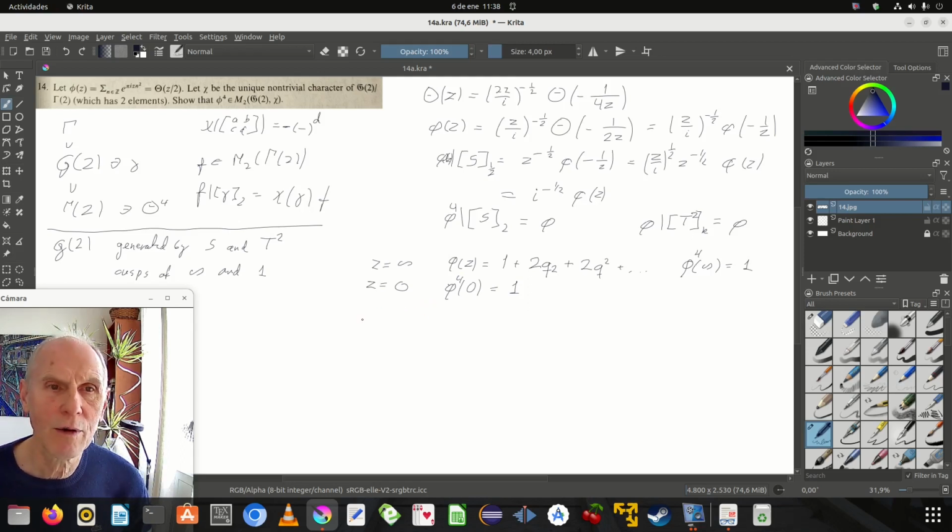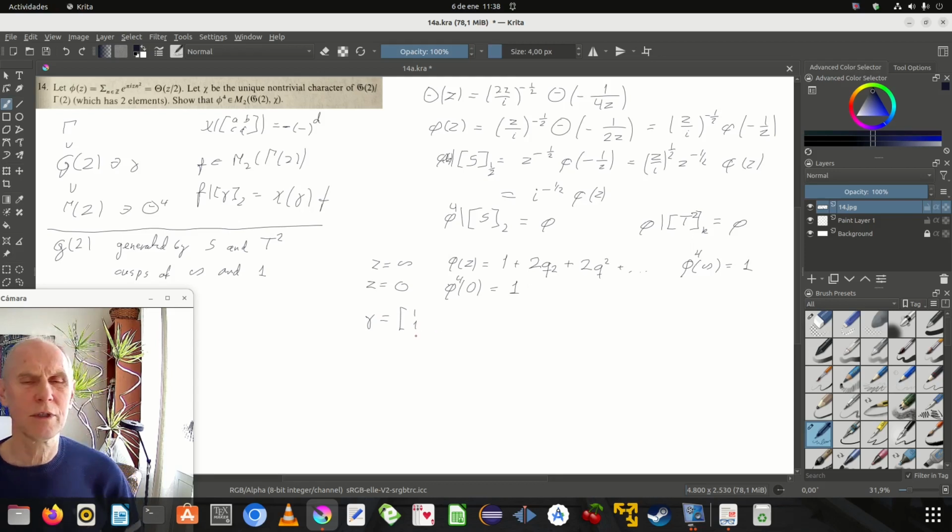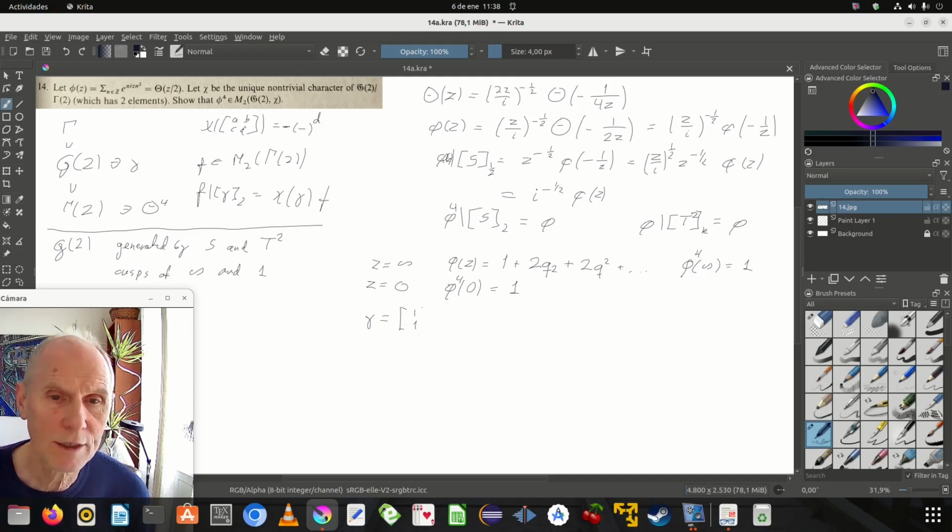And then at unity, we need a matrix for unity, mapping infinity to unity. Oops, that's not very nice. It must not lie in gamma 2, can't, but it can lie in gamma.